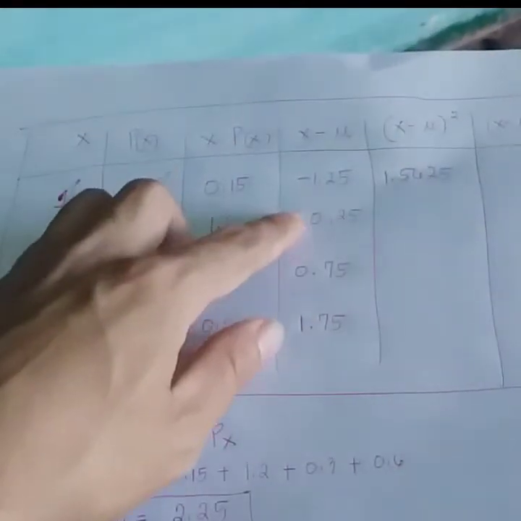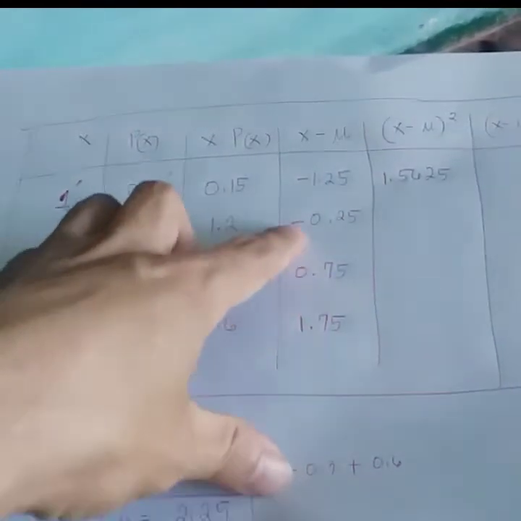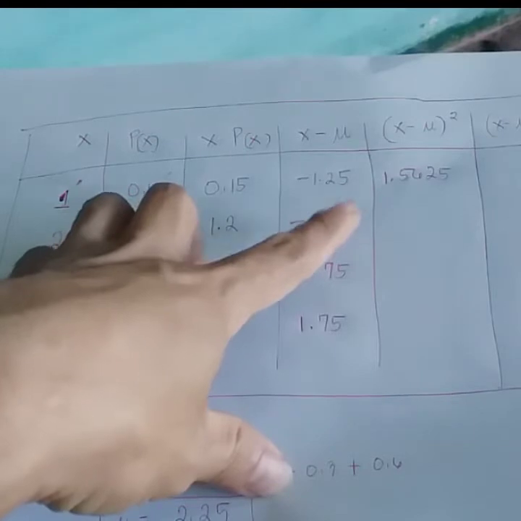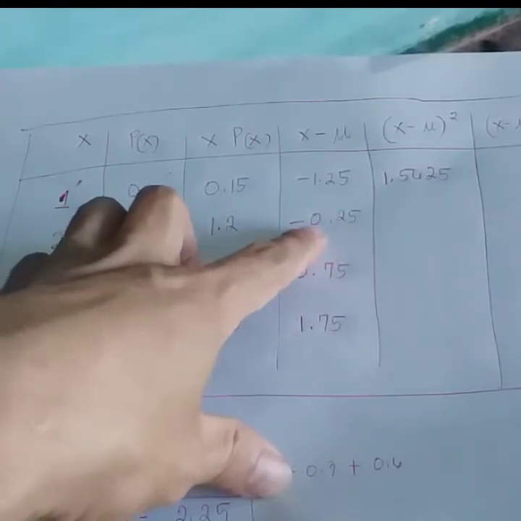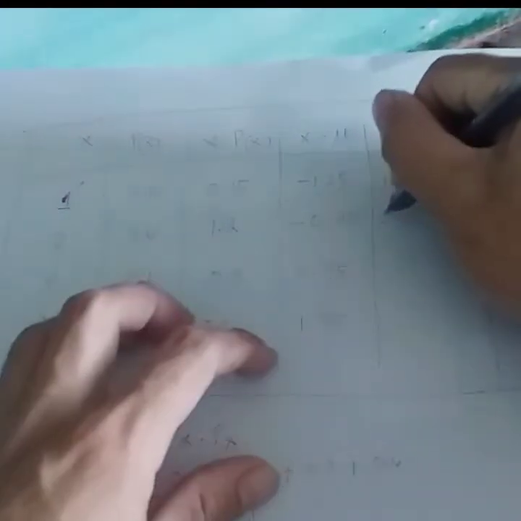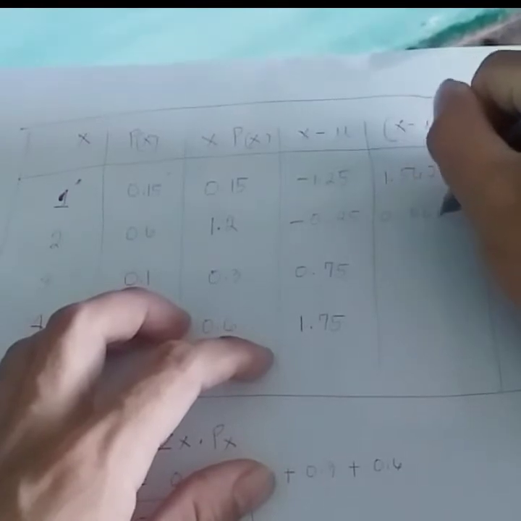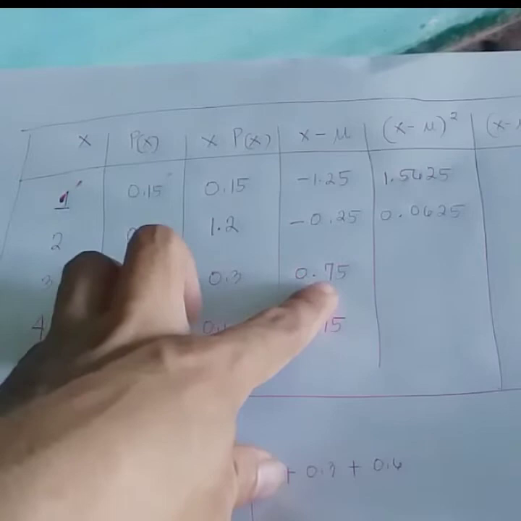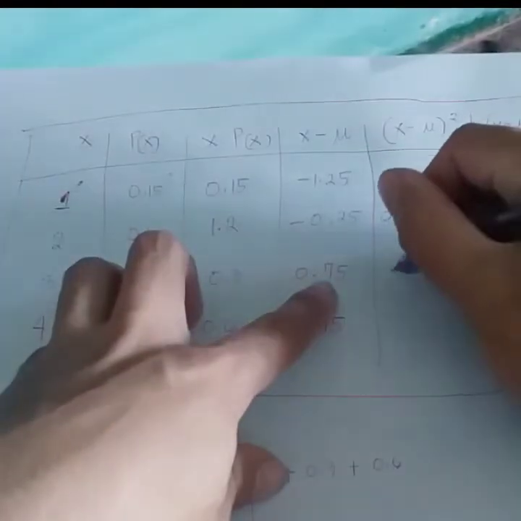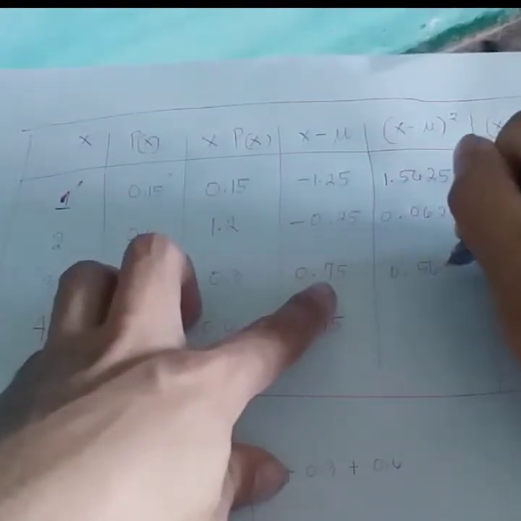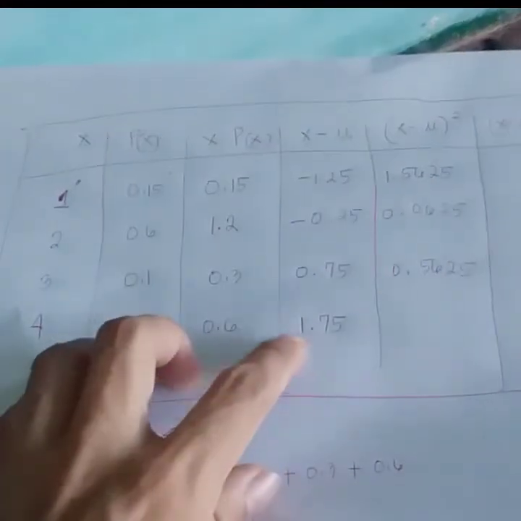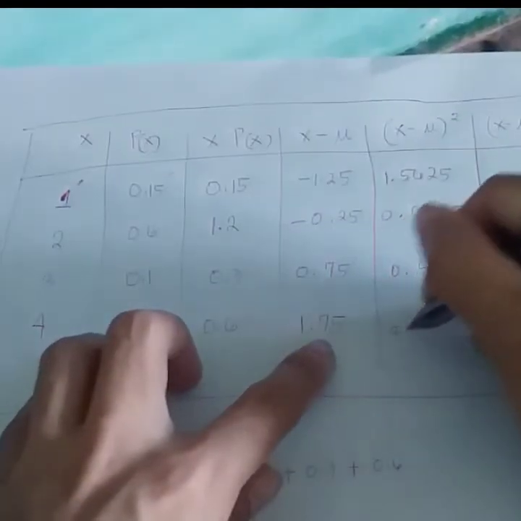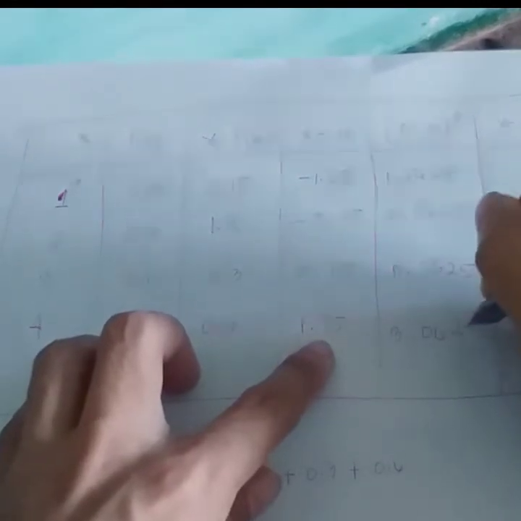All of the answers of the fourth column, i-multiply by itself. Negative 0.25 times negative 0.25. We have the answer of 0.0625. Next, 0.75 times 0.75. We have 0.5625. And the last one, 1.75 times 1.75. We have 3.0625.